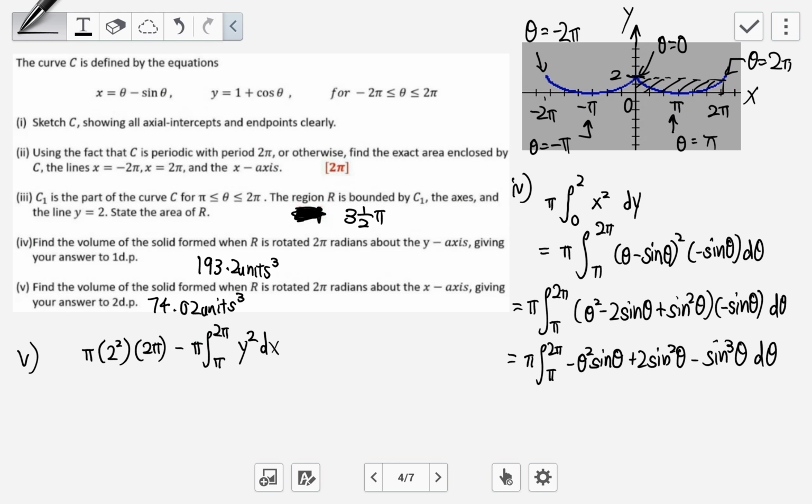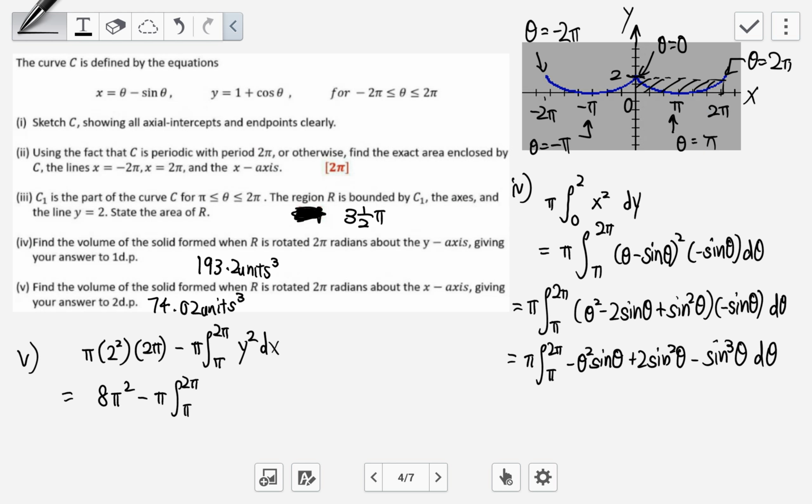Then we have 4 times 2, 8 pi squared, then minus pi, integral from pi to 2 pi, and y is just, oh yeah, correct. In this question, when x is pi, theta is also equal to pi, and when x is 2 pi, theta is also equal to 2 pi.